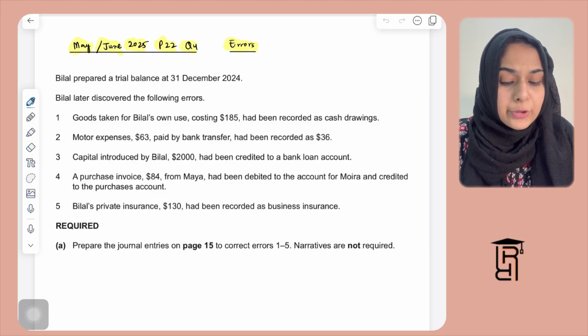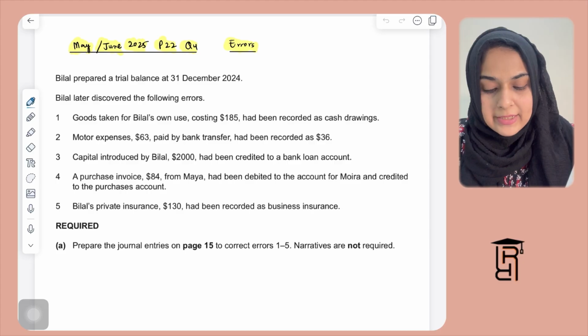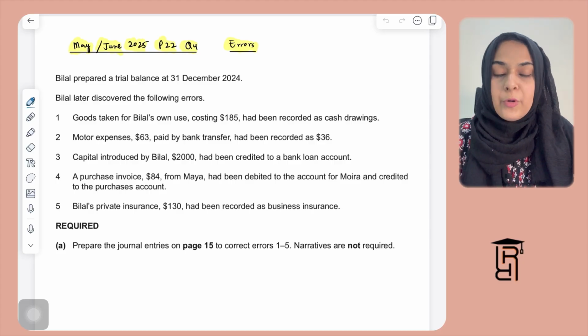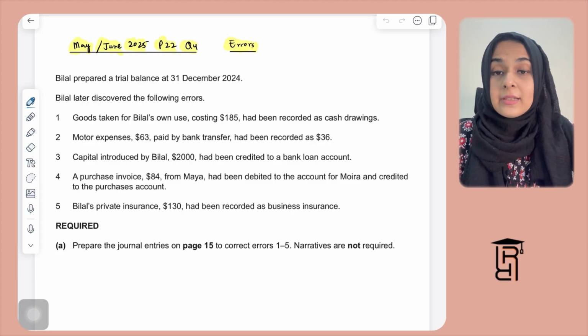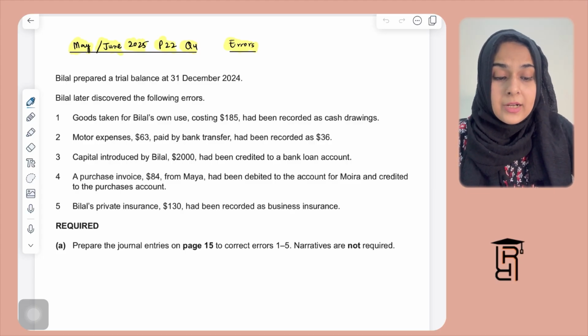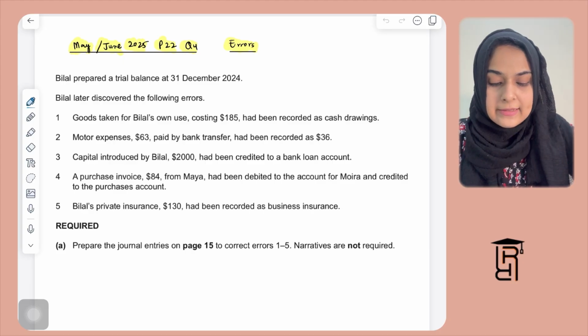So what you're going to do here is debit the cash account in order to remove this from the cash account. Since we credited cash by 185, you need to debit cash by 185 so that the effect of crediting cash is cancelled. So you debit 185 cash and you credit the purchases account because you did not record this in the purchases account.